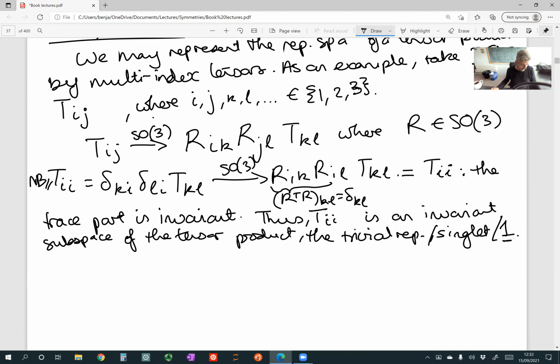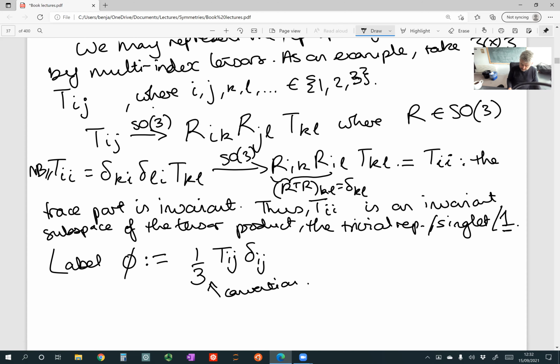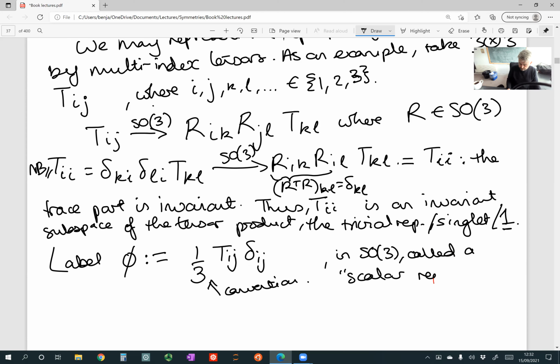Let's give it its own symbol and label it by phi. I'm going to write it in a particular way: we'll write the delta_ij in, and this 1/3 is just a convention, because in SO(3) we write a 1/3. It just saves some factors elsewhere, but you can use a different convention if you want. This is called the scalar representation.